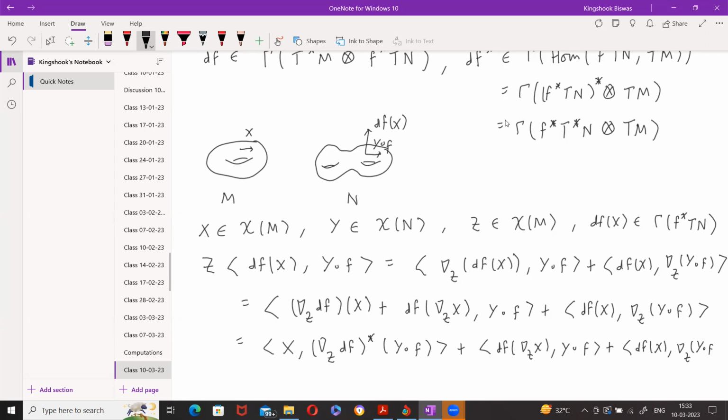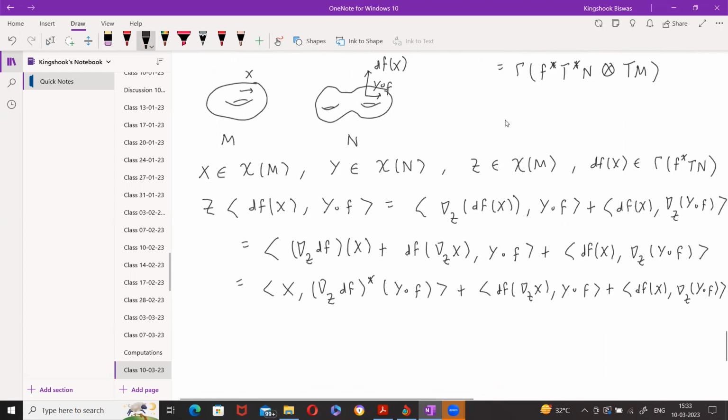Now let me do the same calculation in another way. This Z acting on the inner product of DfX with Y composed with f, I can write as Z acting on the inner product of X with Df star of Y composed with f, right? Now I use the Leibniz rule again.